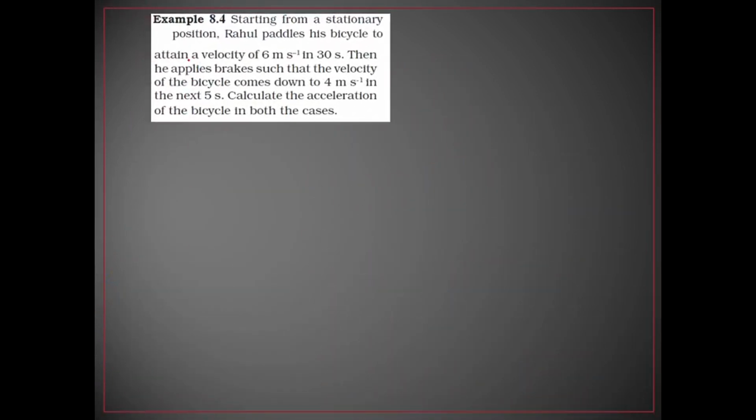Yes, the example for this is starting from a stationary position. Rahul pedals his bicycle to attain a velocity of 6 meter per second in 30 seconds. Then he applies brakes such that the velocity of the bicycle comes down to 4 meter per second in the next 5 seconds. Calculate the acceleration of the bicycle in both the cases.